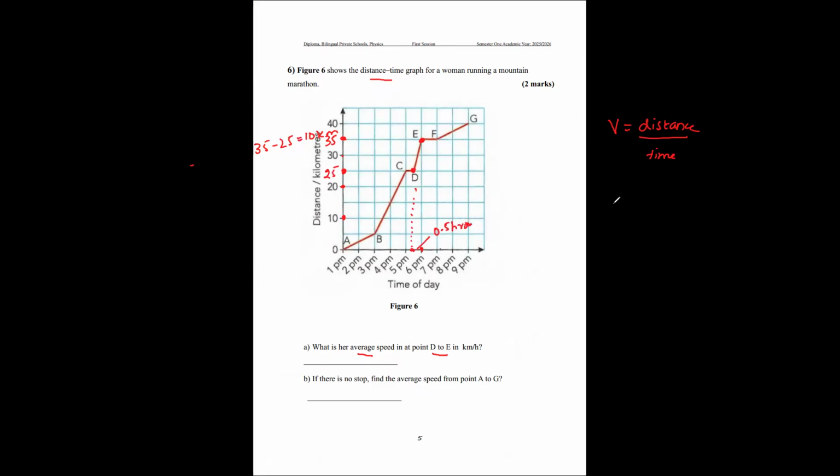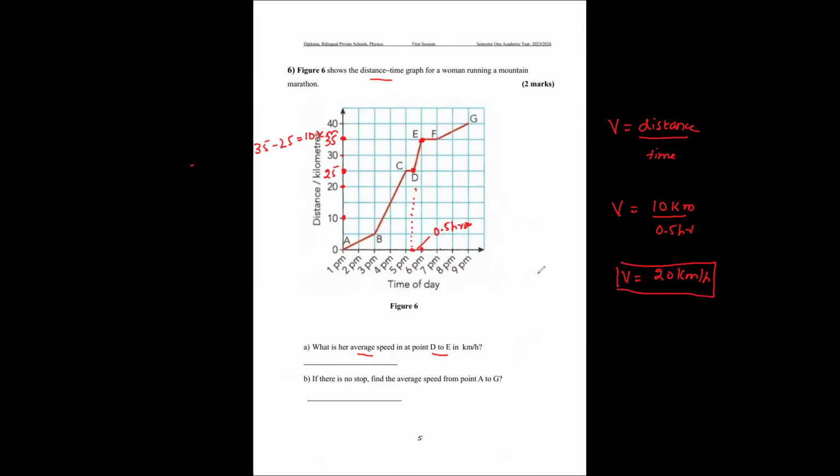So my velocity is, distance is 10 kilometer, and my time is 0.5 hour. So speed is 20 kilometer per hour. Okay. So this is the speed at point D to E. Okay. So this is the first one.